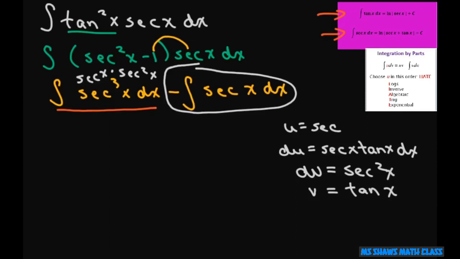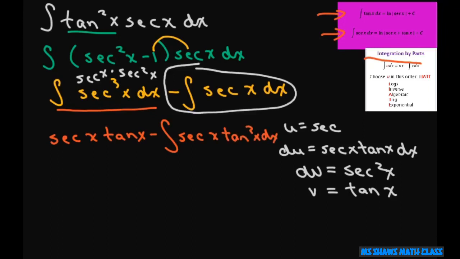Now, we're going to use our integration by parts formula. So that's going to give me udv, so that's going to be secant x tan x minus the integral of secant x tan squared x dx.